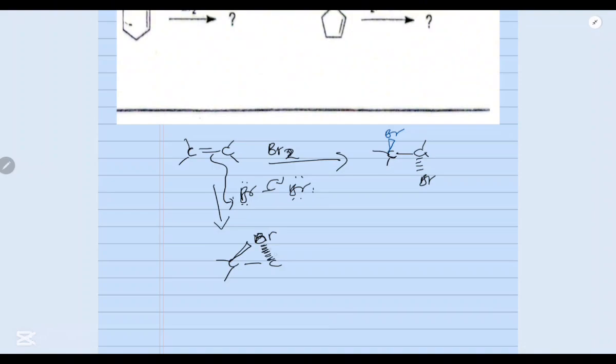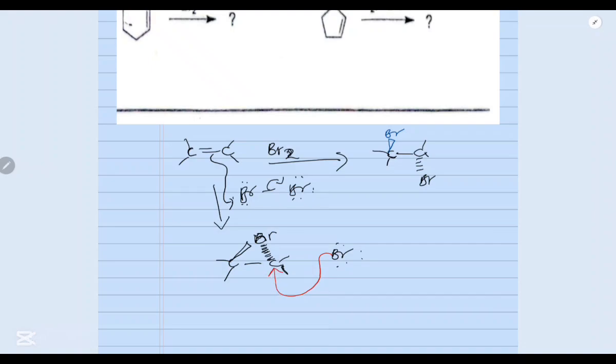This will prevent another incoming bromine from attacking from the front. So this other bromine, after being expelled, will come and attack from behind.